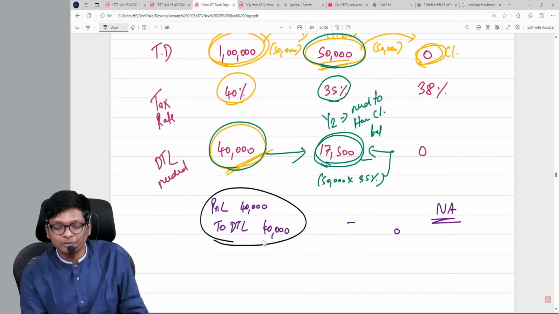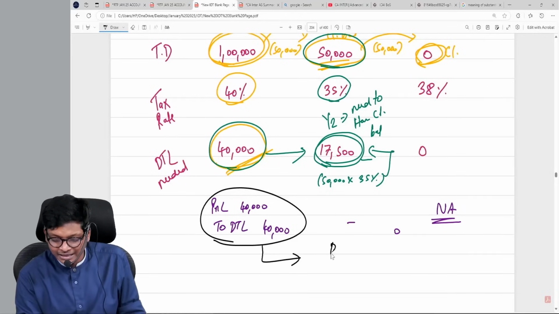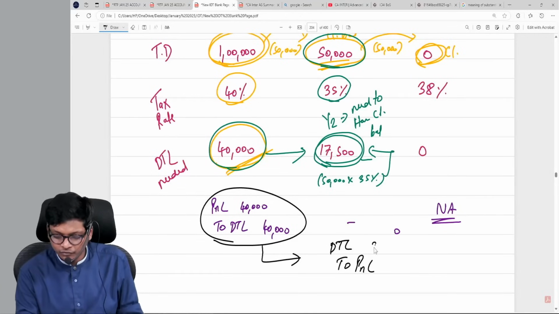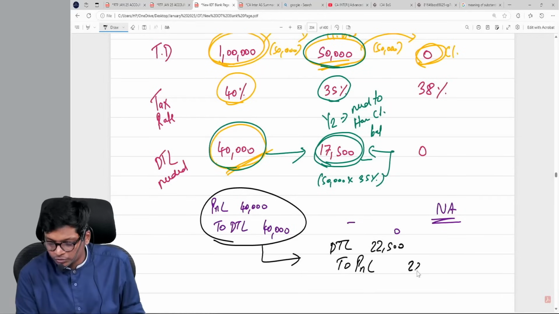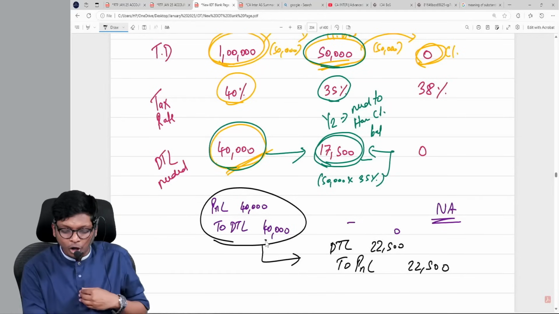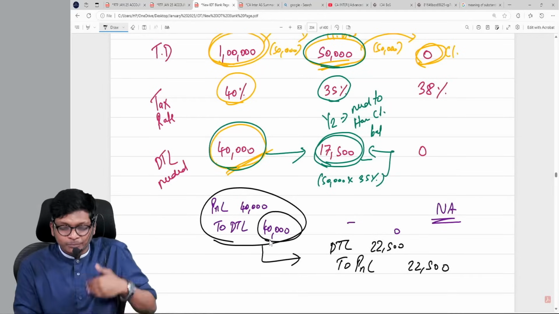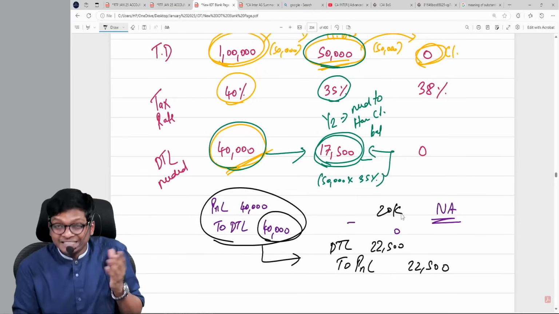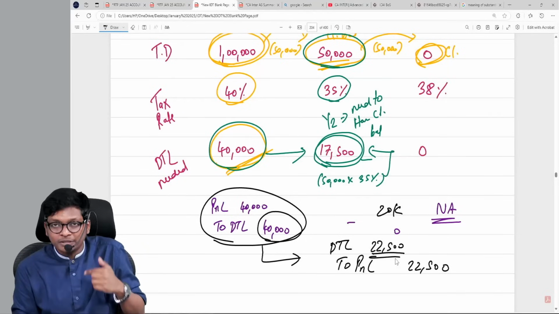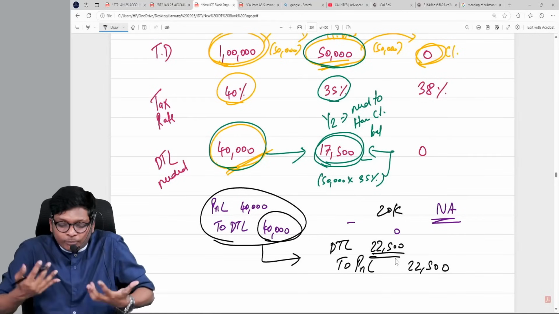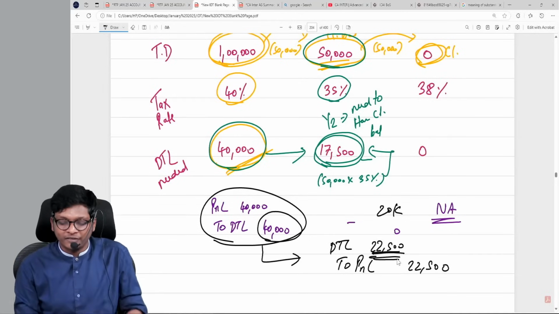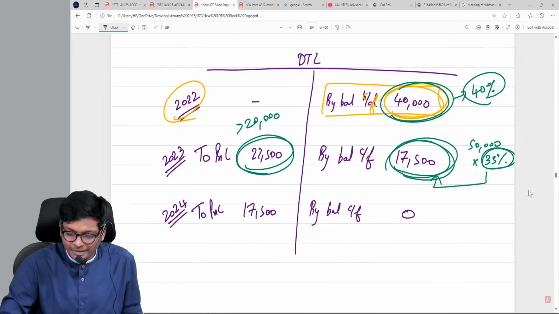If this is the year 1 creation, the reversal has to be deferred tax liability to P&L for the same amount of 22,500. So of the 40,000, normally I would have reversed only 20,000, but I'm going to reverse 22,500 because I created extra. So after reversing 22,500, I will be left with a closing balance of 17,500.